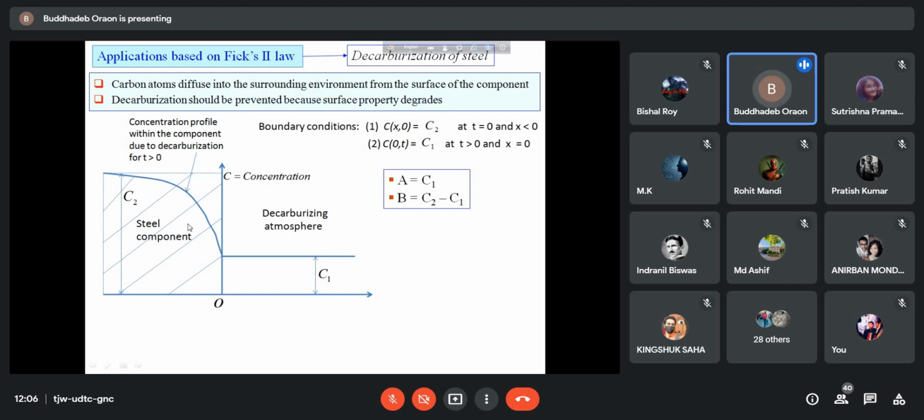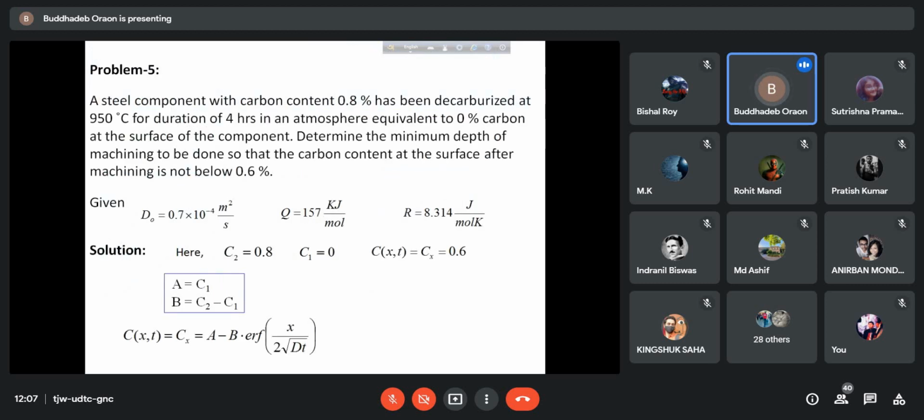This indirectly gives an idea which can be related to the mechanical properties of the material. That is how we are solving the problem, or trying to understand the significance of the problem.